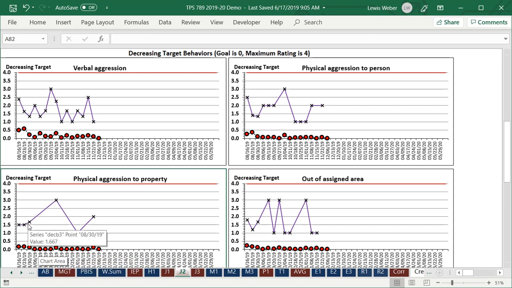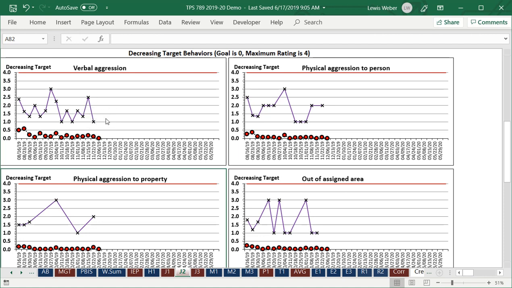So it just connects the lines between the X's where there was some level of physical aggression to property. So it tells us how often there is a target behavior that is a non-zero level by the quantity of X's that we see. Here we see more X's because verbal aggression is a more frequently occurring target behavior.